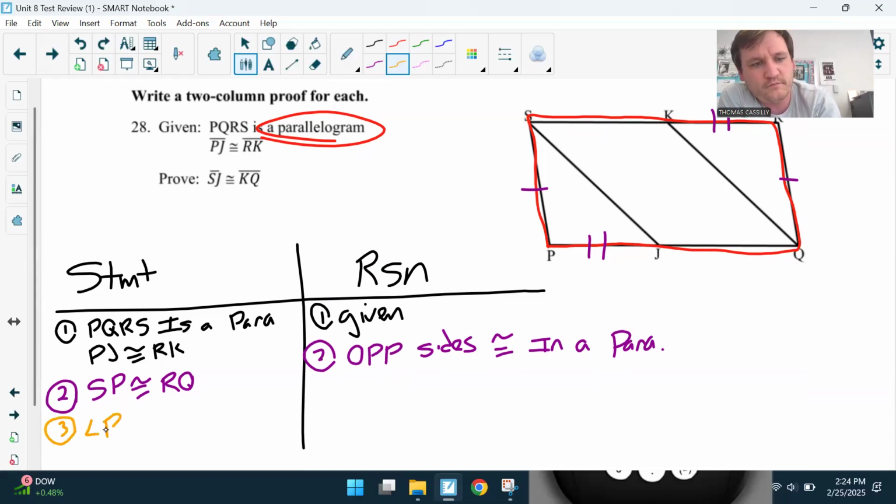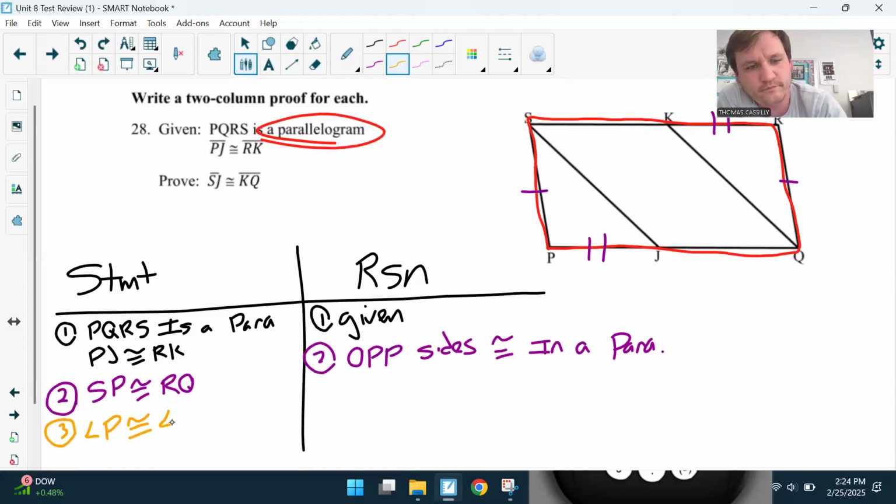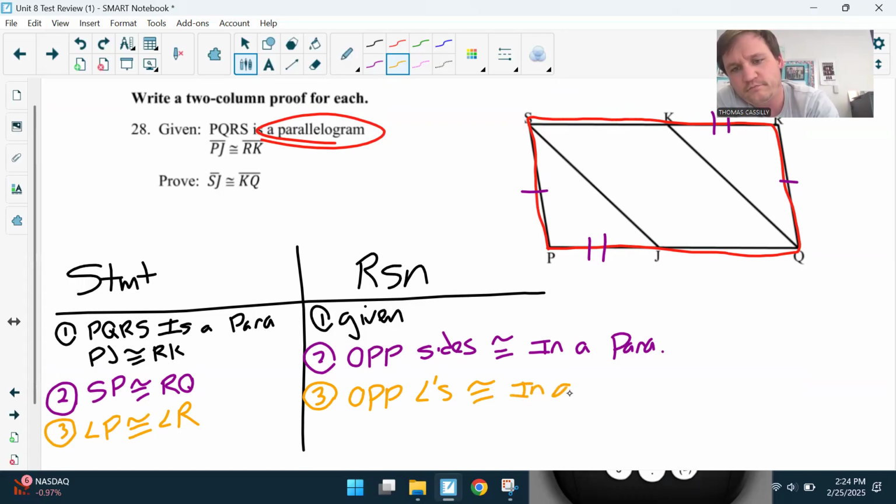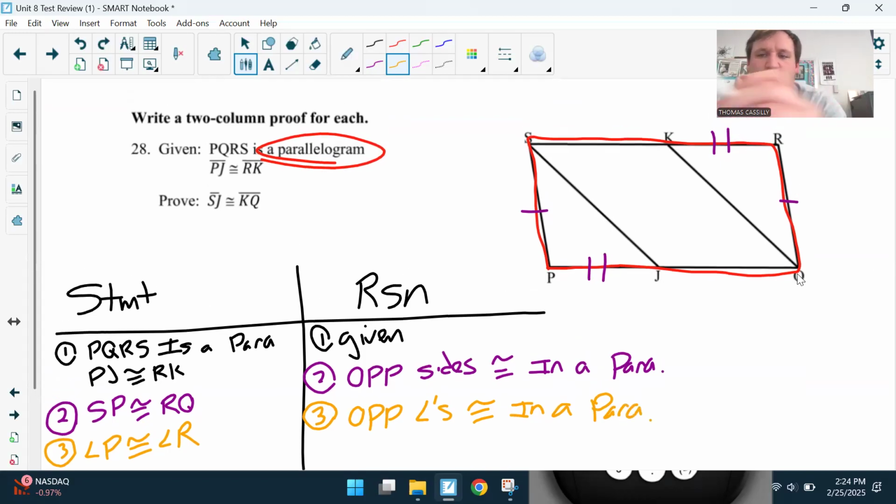Now, the next thing I'm going to do is say step 3. Angle P is congruent to that top corner there, which is angle R. Some of you might see where I'm going from here. I know this is true because opposite angles are congruent in a parallelogram. I'm going to put some arcs on here.